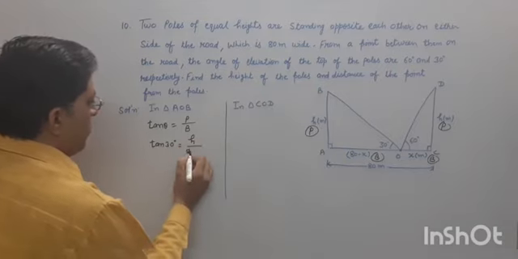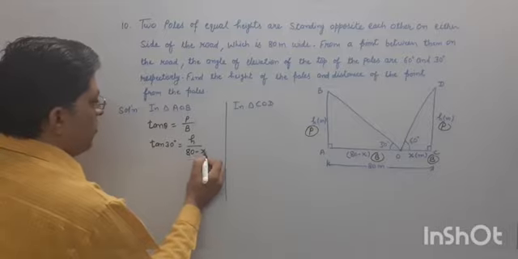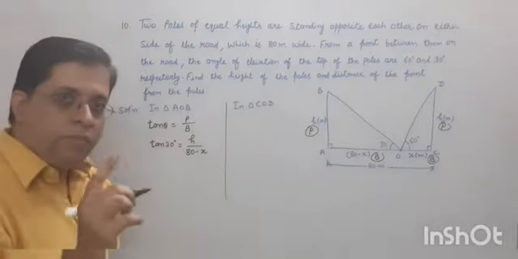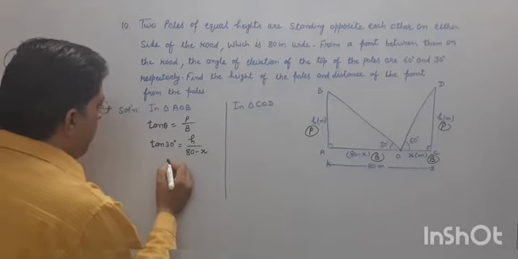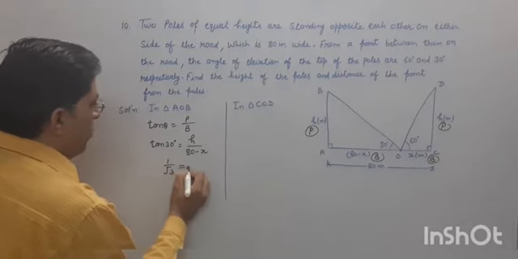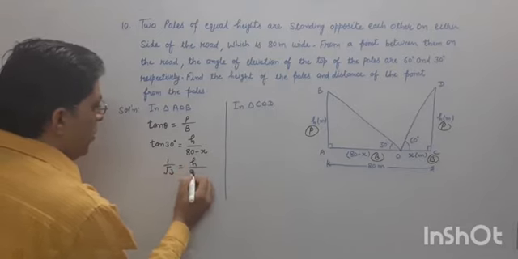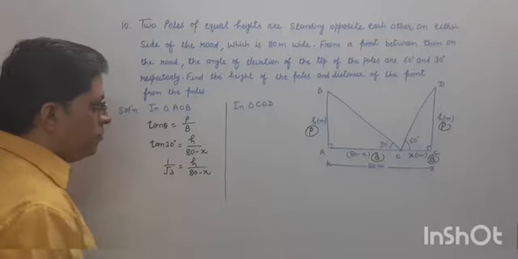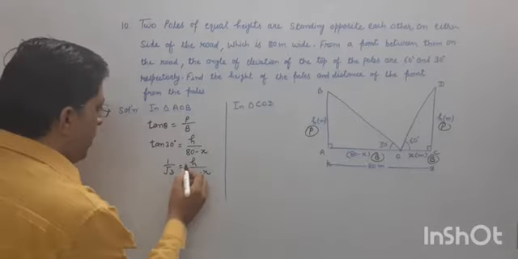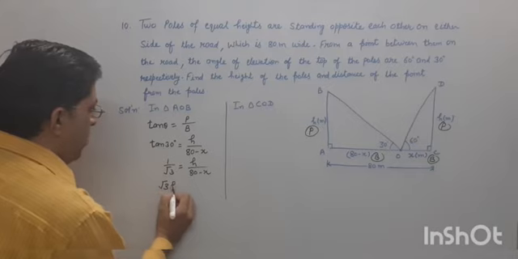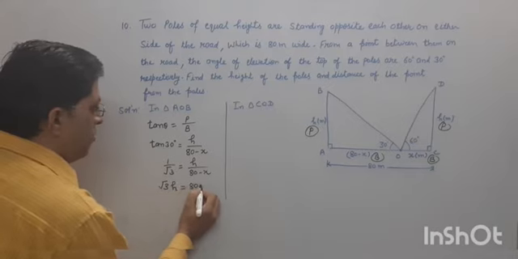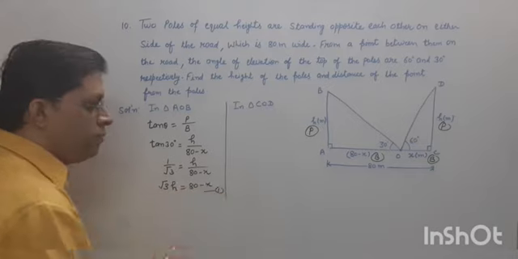It is 80 minus X. Okay, tan 30 is 1 upon root 3, so 1 upon root 3 equals H upon 80 minus X. Then root 3 H is equal to 80 minus X. This is your equation number 1.